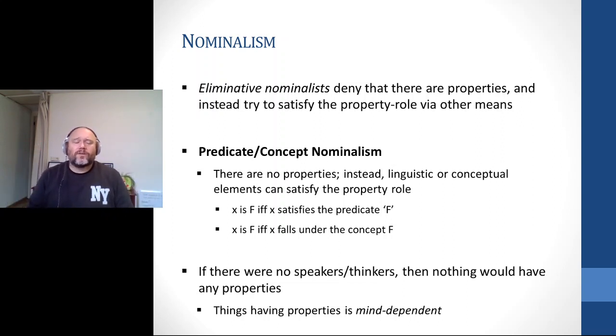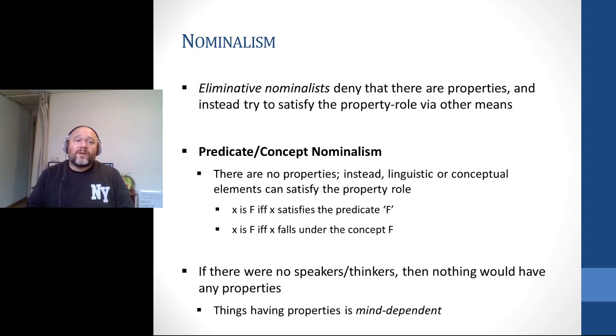So an underlying thought here is something like, we shouldn't buy into too much metaphysics, we should just think about this as somehow playing around purely linguistically, or purely at the level of language. And a similar option, the conceptual nominalist, says, okay, look, there are no properties, but there are concepts.